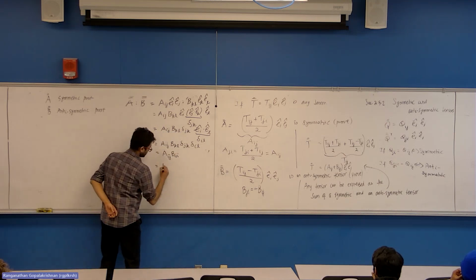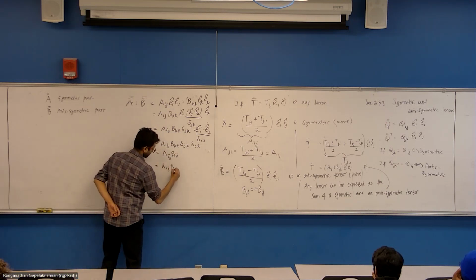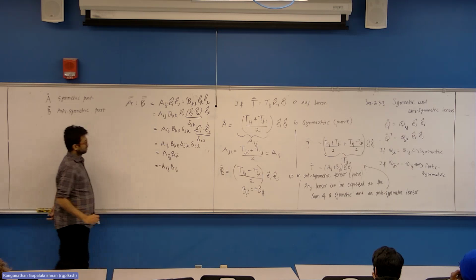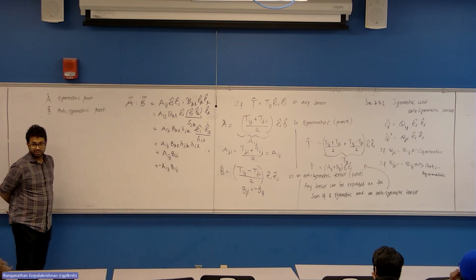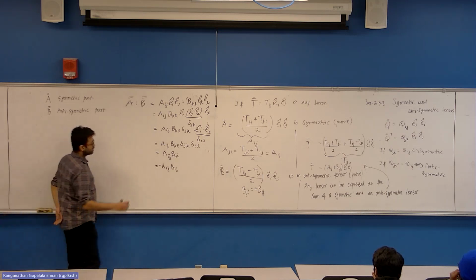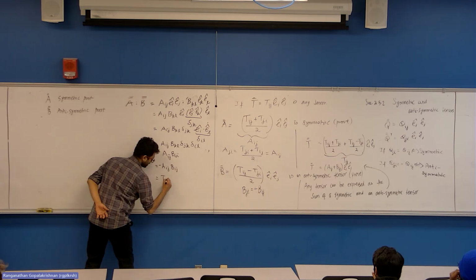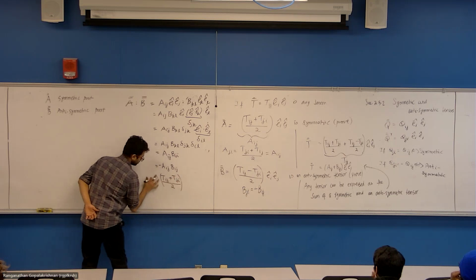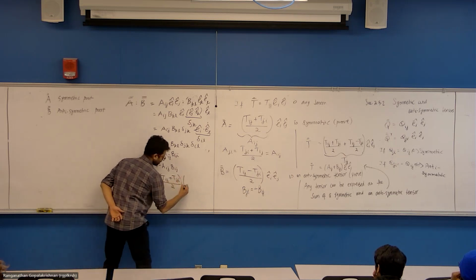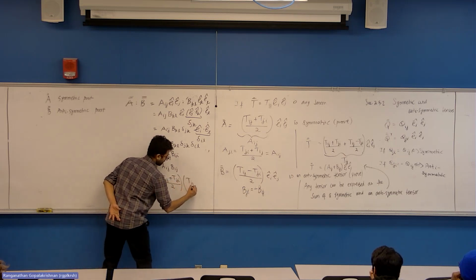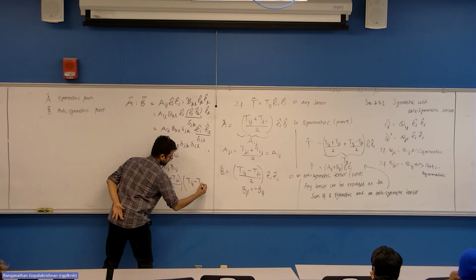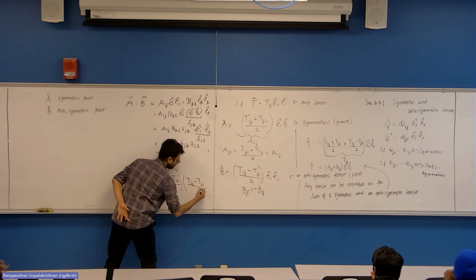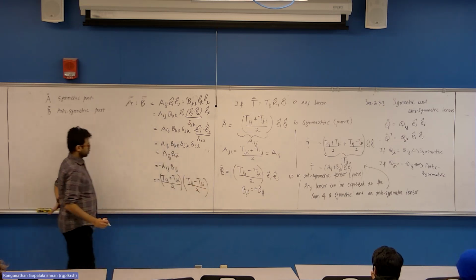So this is Aij minus Bij. What is Aij? (Tij plus Tji)/2. And Bij is (Tij minus Tji)/2.